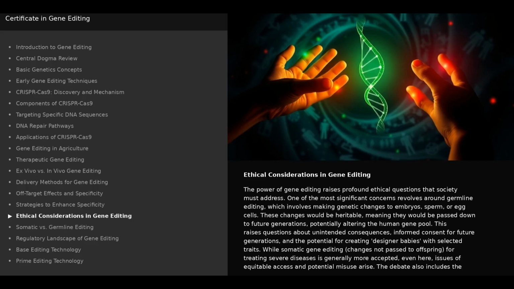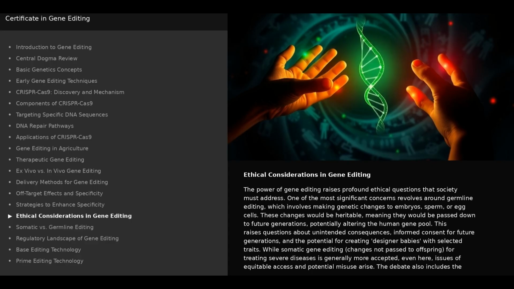Ethical considerations in gene editing. The power of gene editing raises profound ethical questions that society must address. One of the most significant concerns revolves around germline editing, which involves making genetic changes to embryos, sperm, or egg cells. These changes would be heritable, meaning they would be passed down to future generations, potentially altering the human gene pool.